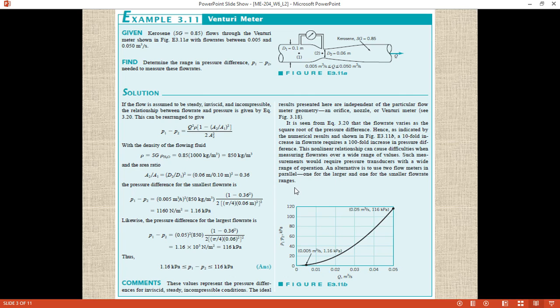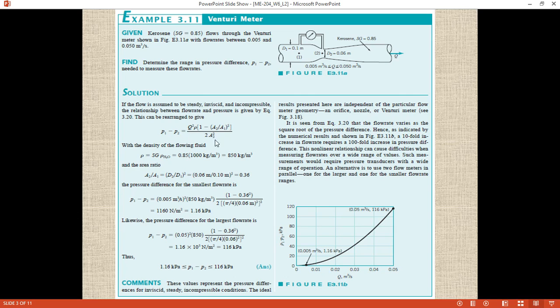Because there is a big range of flow rate, we have two alternatives: either use a very precise, long-range transducer, since we know transducers are very sensitive to measure the pressure difference, or use two different flow meters, one for the smaller flow rate and one for the large flow rate.